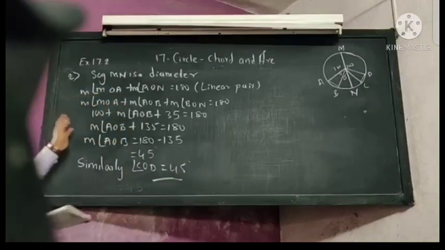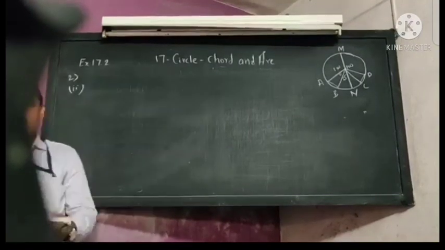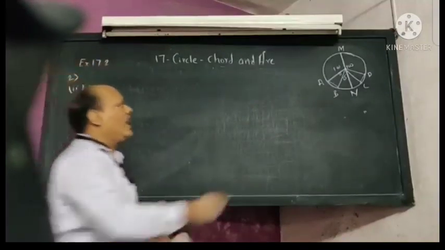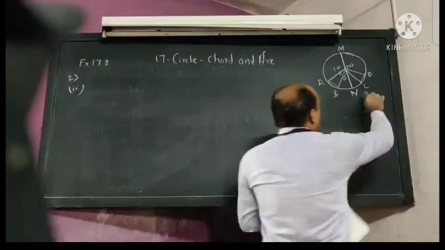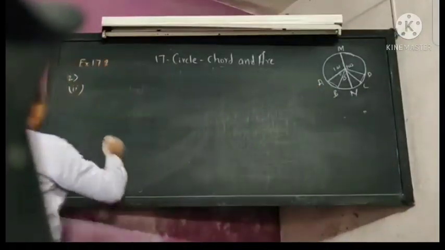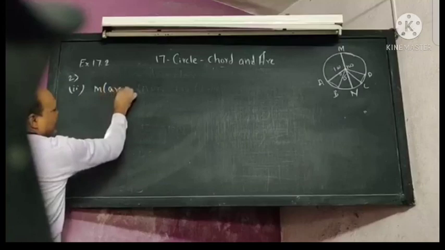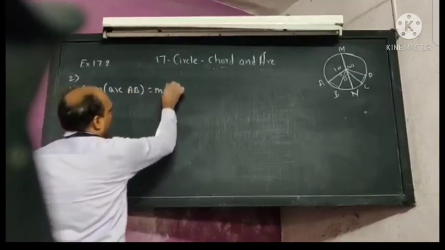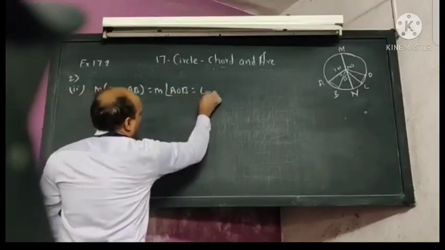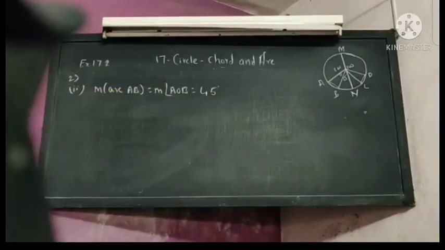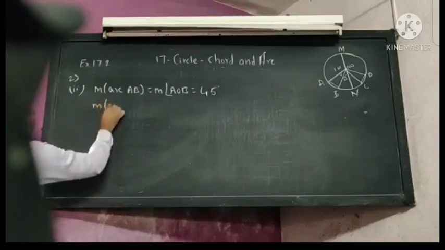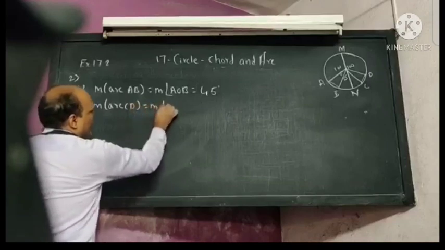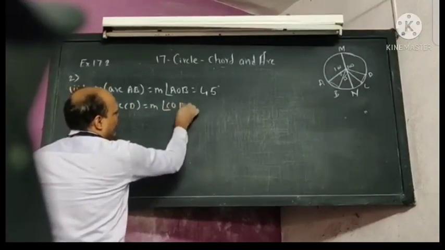This was the first sum. In the second part, we have to show that arc AB is congruent to arc CD. We have found the measures: measure of arc AB is equal to the central angle AOB, which is 45 degrees. Same way, measure of arc CD is equal to measure angle COD, which is 45.